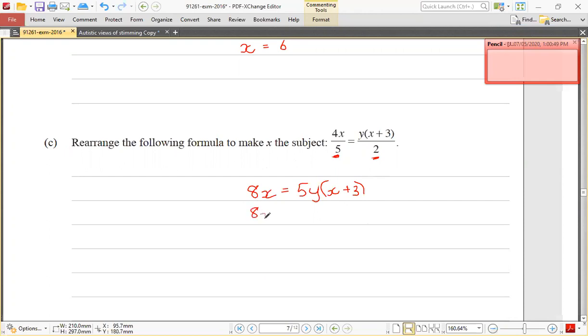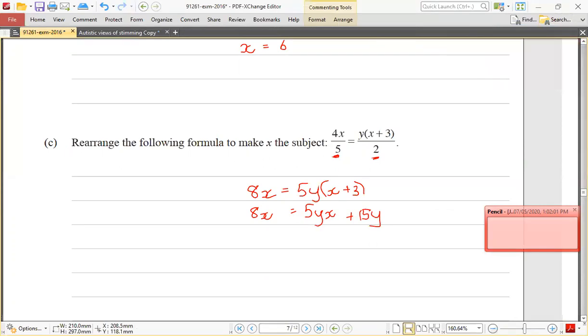So we've got 8x equals 5yx plus 15y. Now, here's the sort of tricky bit. We're trying to get x as the subject. So we're trying to get to x equals, and we've got an x here, and we know we can just divide by 8 to get rid of that.